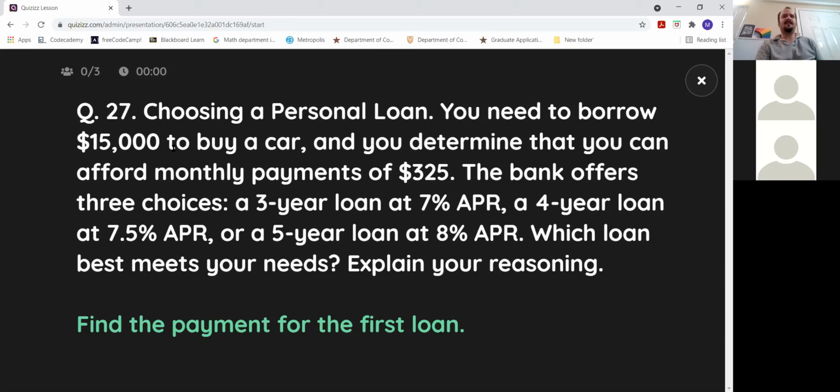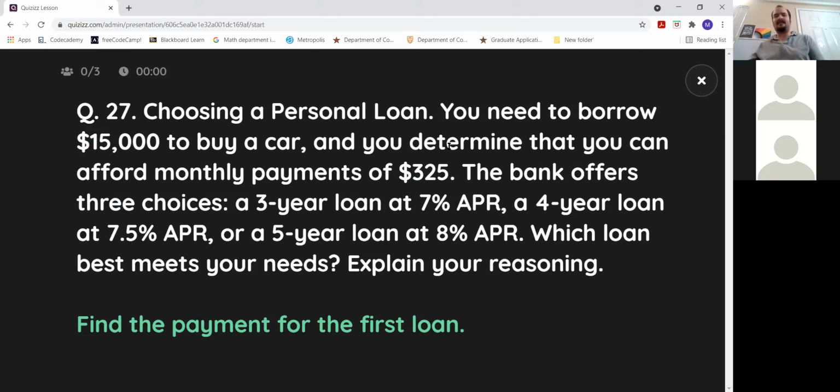So I know they're saying that this is what we can afford as a payment. This is not a payment amount, so don't make that confusion. But this is the principal, this is the money we want to take out. And so the first one says, if we take out this amount of money for 3 years at 7%, how much are we going to end up paying if we're paying each month?